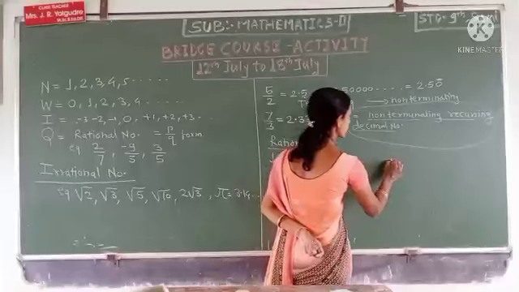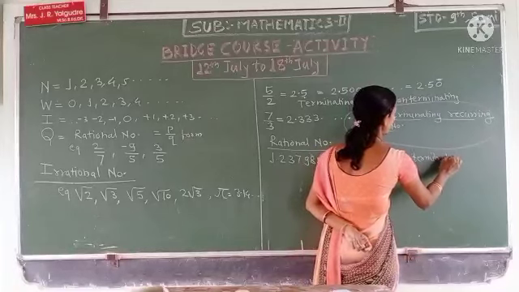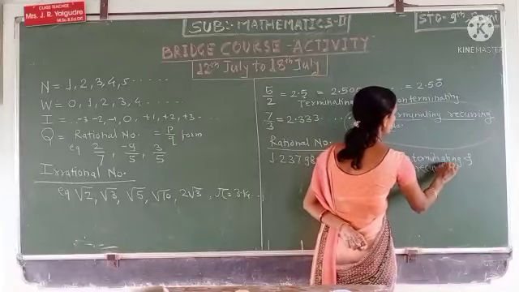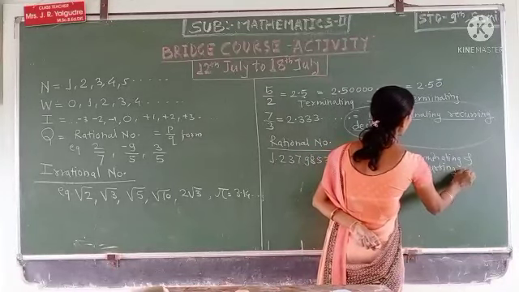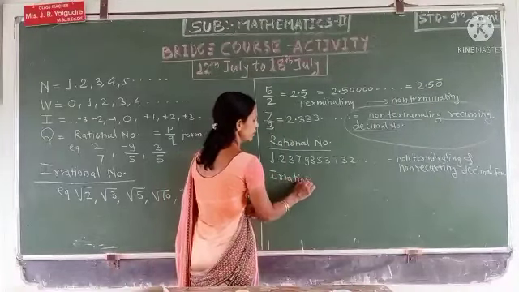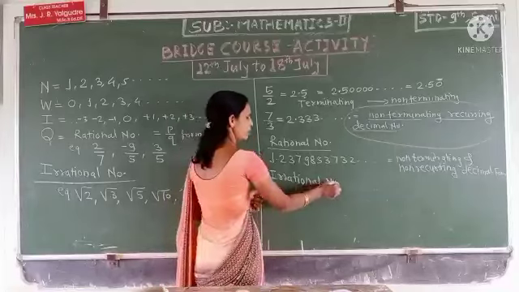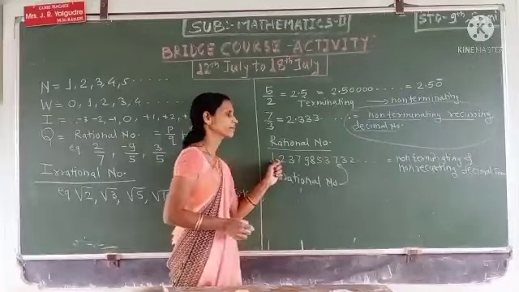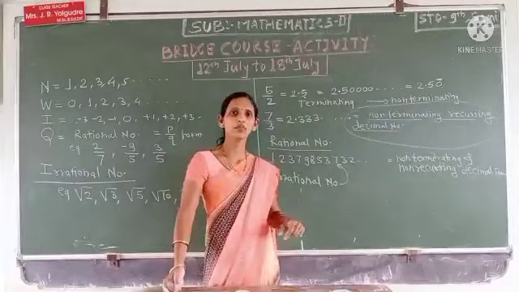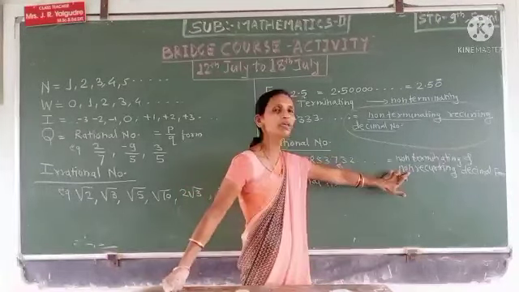Therefore, this number is non-terminating and non-recurring decimal form. Those numbers are irrational numbers. That means this is an example of an irrational number. How to identify irrational numbers? An irrational number is one whose decimal form is non-terminating and non-recurring.